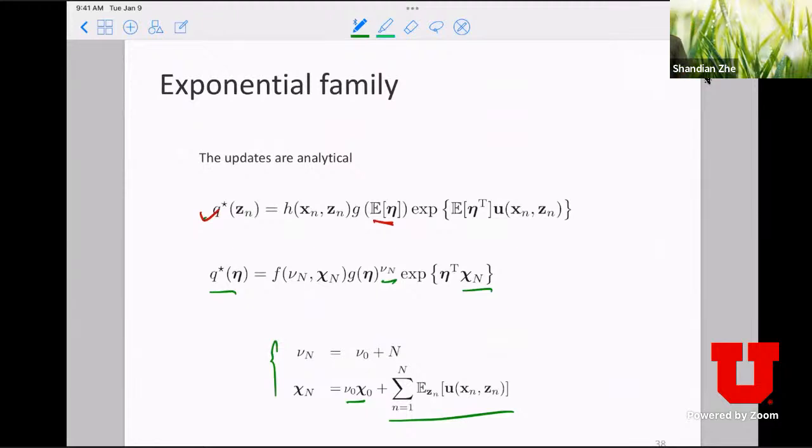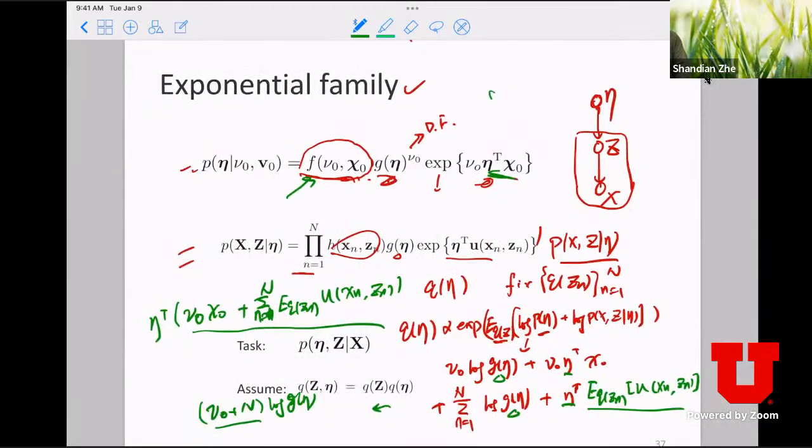So this is a general mean field variational inference framework, if your model has a conjugate prior on the latent random variable eta, and the latent random variable z and the likelihood x form a member of the exponential family distribution.